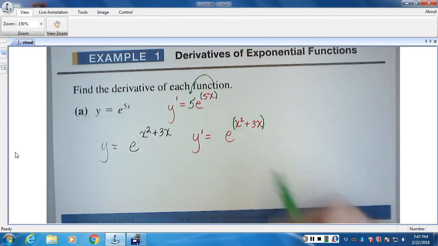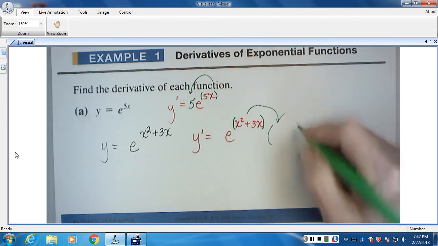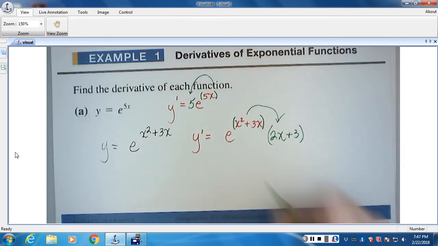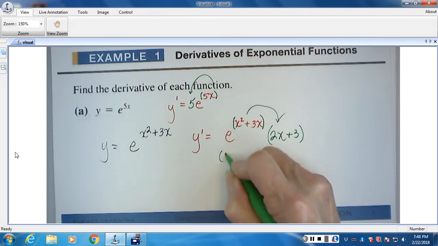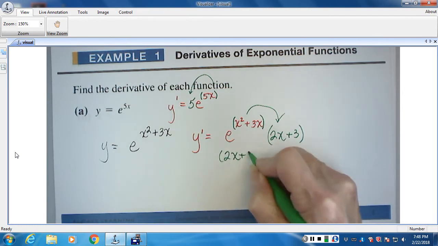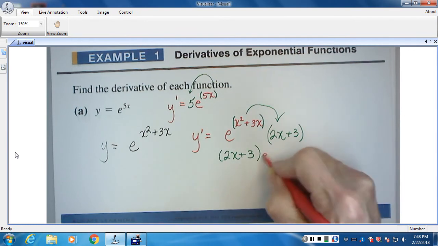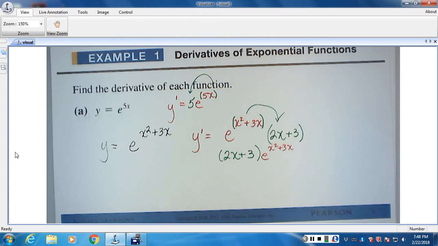So the derivative of this is 2x plus 3, and I can either leave it that way, or I can write 2x plus 3 times e to the x squared plus 3x. Both of them are perfectly correct. There's no difference, because all it is is one multiplying the other.